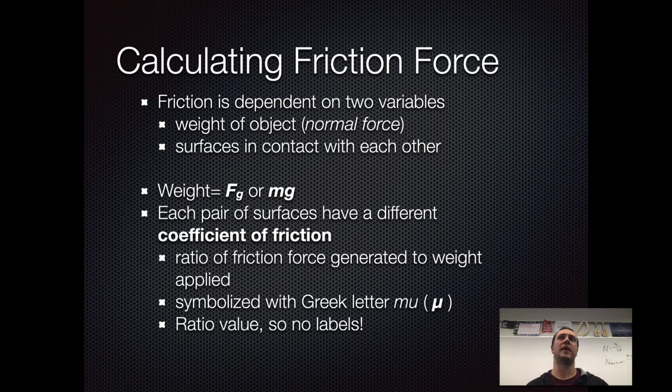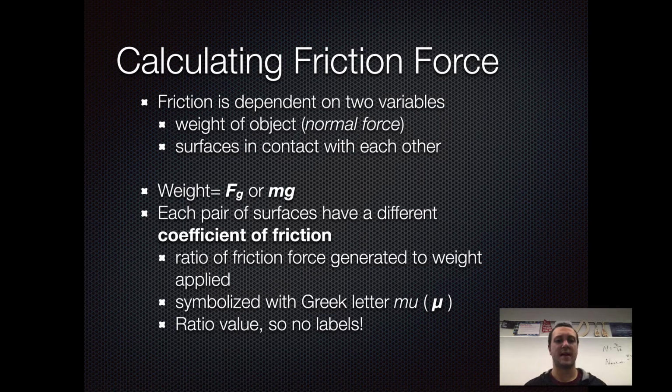Because if you put a plastic sled on snow and have that plastic sled slide across the snow, it's going to be far different than that plastic sled going across grass or concrete or asphalt. A similar example: if you try to push a tire on ice versus pushing a tire on concrete, you get two very different responses, even though the weight of the object stayed the same. Because the surface has changed, the amount of friction between them is going to be different.